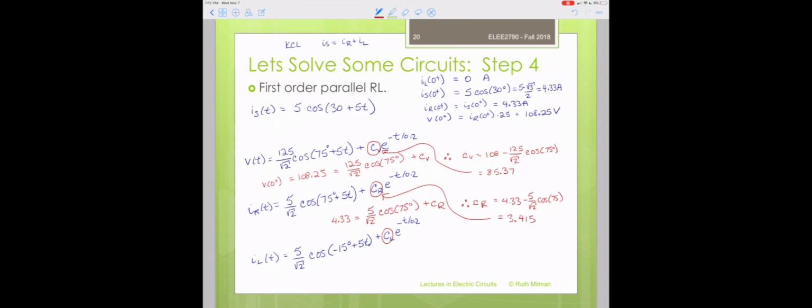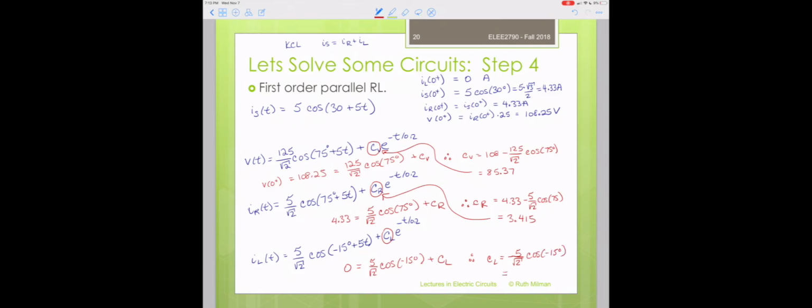Do the next one, and we see that the inductor current is 0. 0 is equal to 5 over root 2 times the cosine of negative 15 degrees plus CL. Therefore, CL is equal to negative 5 over root 2 times the cosine of negative 15 degrees.